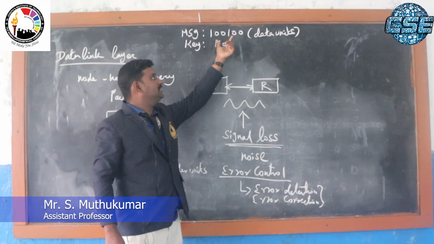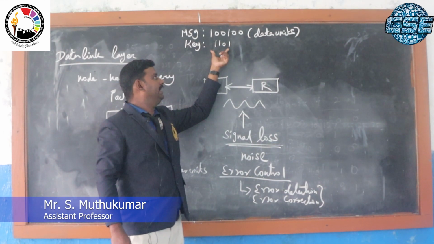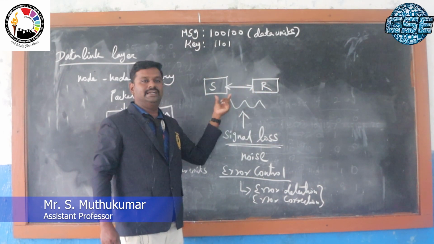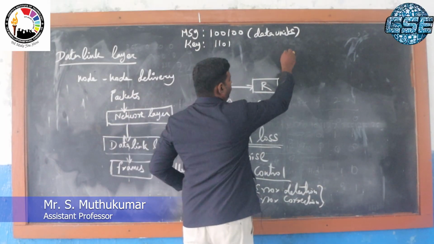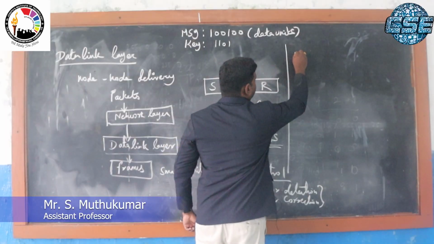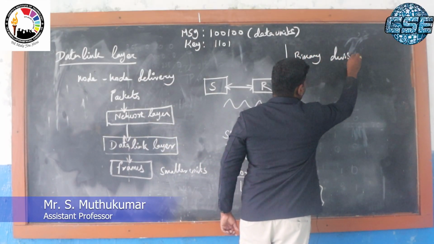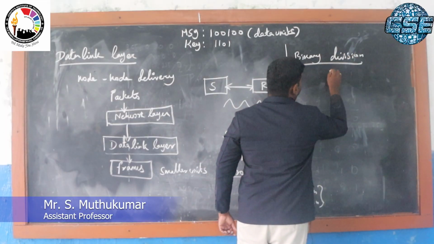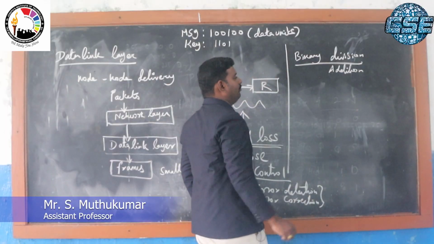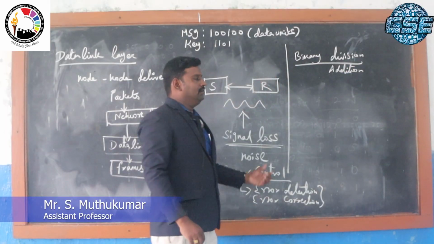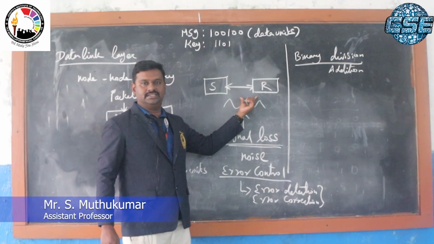Some operations are done on the data bits with this divisor or key, such as binary division or additions. We can choose any type of operation. This is the basic task of sending the message.